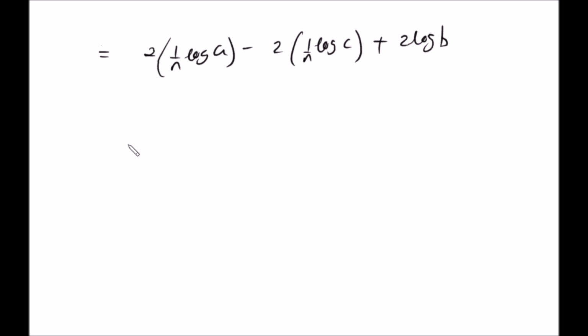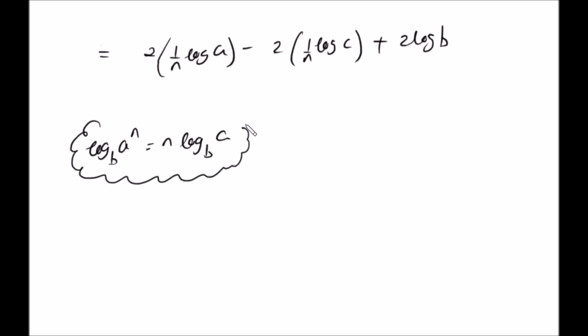So tukasema kwamba ikiwa log b a power n ni sasa na n log b, law yetu ya 5 hii. Remember. So 2 times huyu, kama hapa 2 times log b maana ni sawa na useme log b squared. Sasa note kwenye swali letu hakuna base hapa.